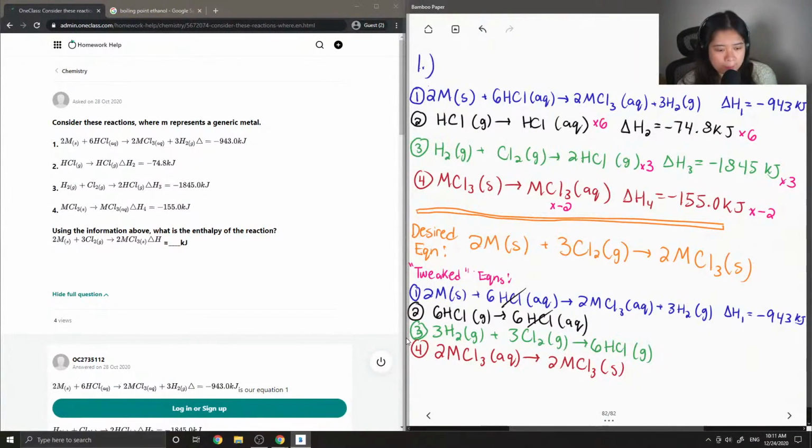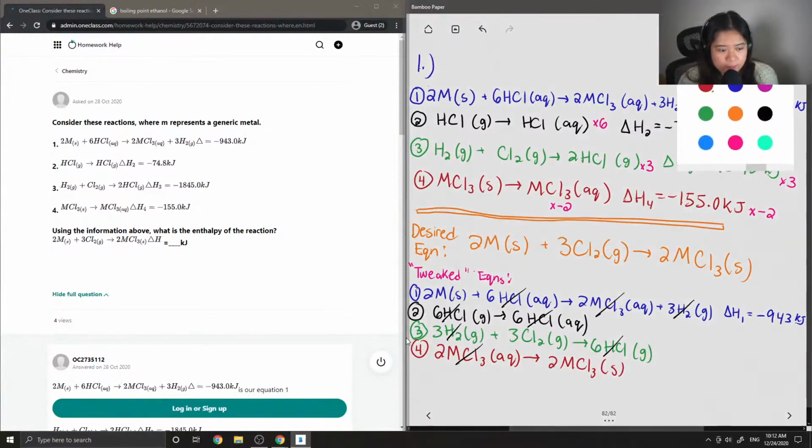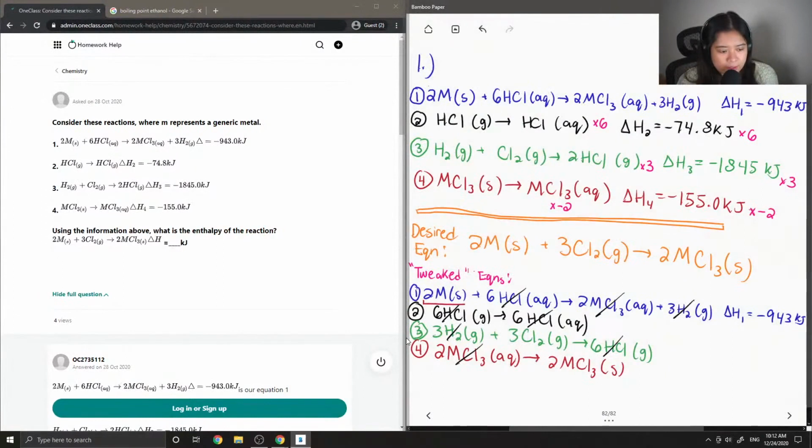And 2MCl3 aqueous is in the products and the reactants here. 3H2O gas is in the products and the reactants on this equation. And then 6HCl gas is here and here. So all of those are now canceled out, and you'll notice that we have left over our desired equation: the 2M solid plus 3Cl2 gas makes 2MCl3 solid.